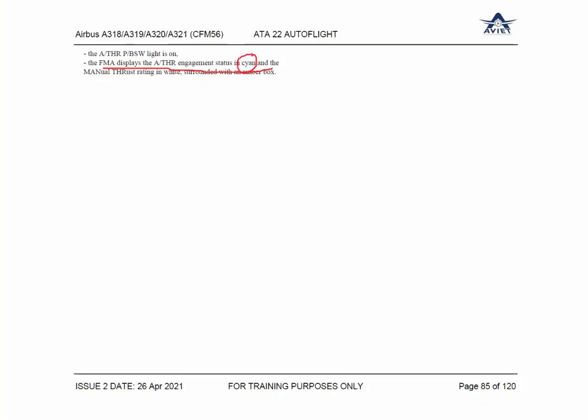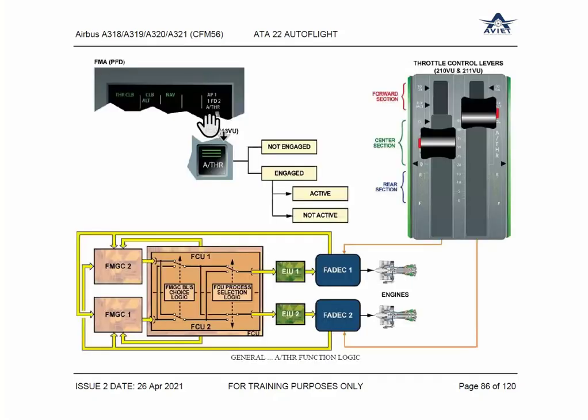Let's see with the diagram. This is your diagram. White color is engaged and active. This light will come for engagement. But if this is cyan color, then it is engaged but not active. Clear?